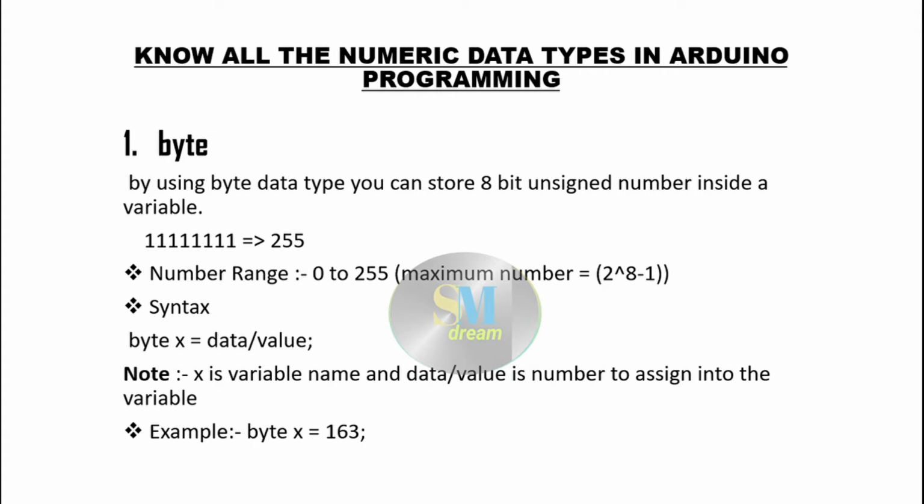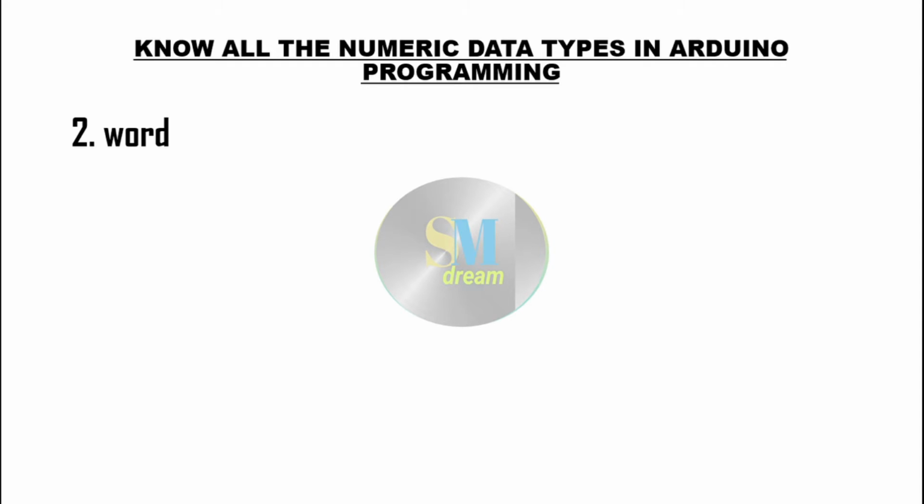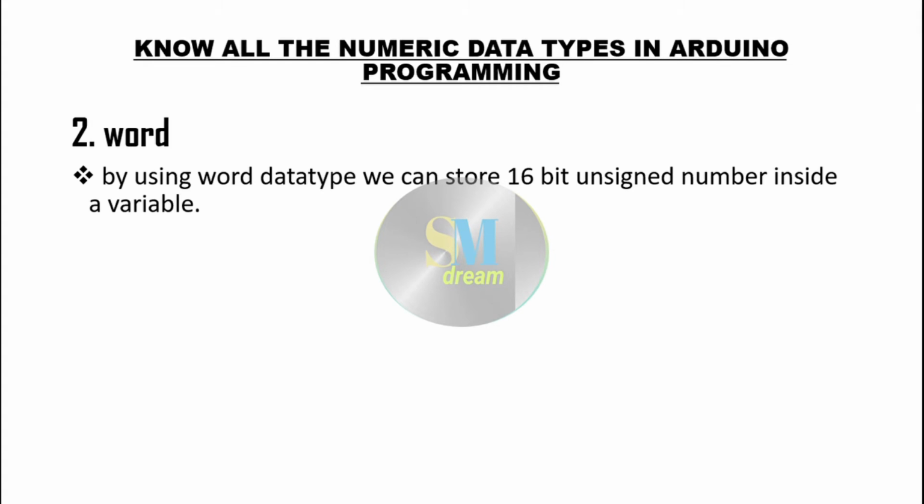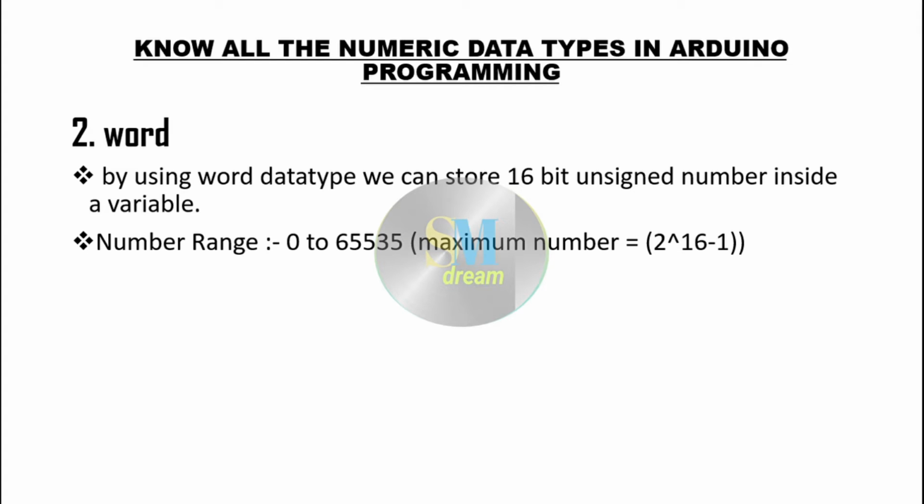So what is next? Next is word. This is another numeric data type. By using the word data type, we can store a 16-bit unsigned number inside a variable, and the number range is 0 to 65535.